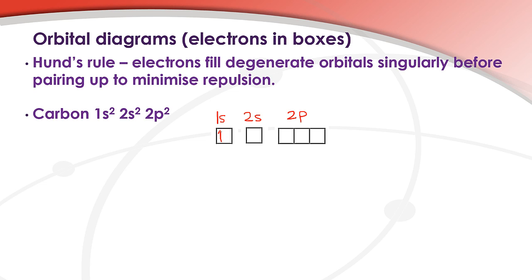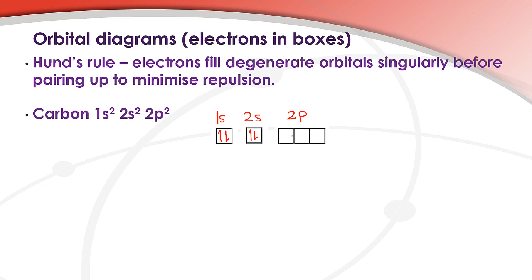So we have one going up and one going down. They must have opposite spins. So this is the Pauli exclusion principle, which states that only two electrons can occupy an orbital and they must have opposite spins. Then we move on to the higher energy orbital, which is the 2s. So we have two electrons in there, opposite spins.